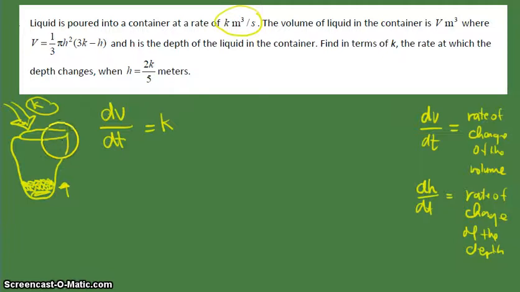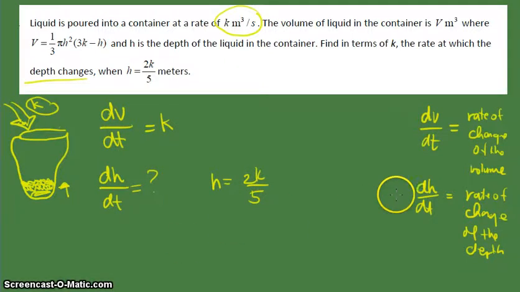Okay, so let me say that again. Where you're pouring some liquid inside the container at the rate of k, that means the volume will also have a rate of change of k. Now, what we want to find is the rate of change at which the depth is changing. So we want to find dh over dt, considering that h is equal to 2k over 5.